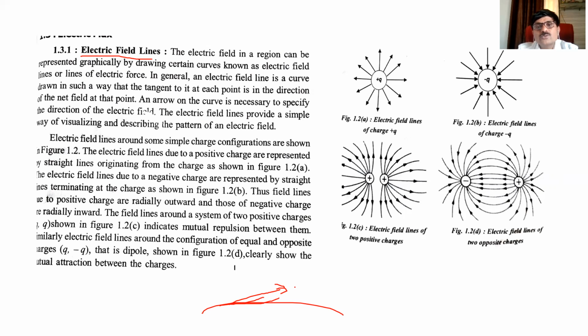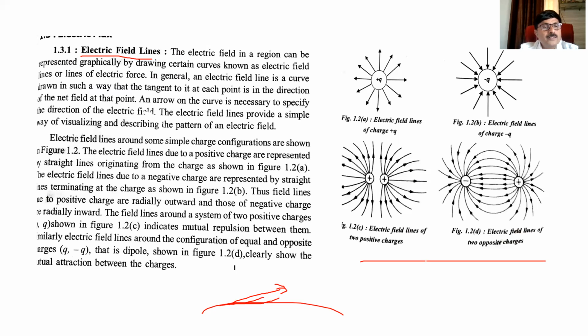So we understood how the electric field lines can be represented. Electric field lines around some simple charge configurations are shown in this figure. Here we can see the electric field lines due to a positive charge.